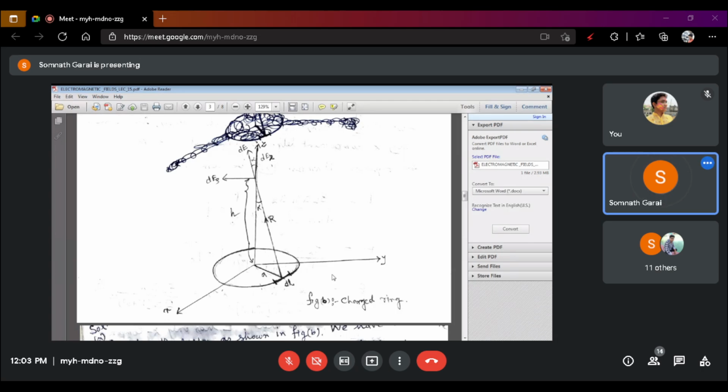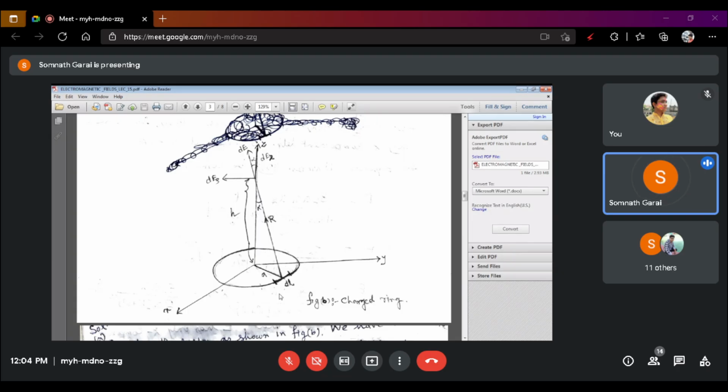Circle charge means that it is line charge. So this line charge is in the circle whose origin is the same origin of the xyz system and whose radius is a. Right?